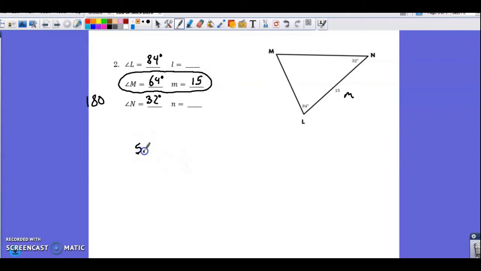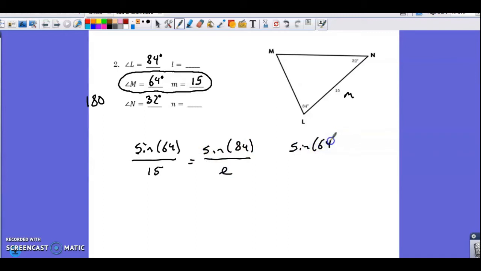So again, sine of 64 over 15 equals, to get L, it'd be the sine of 84 over L. Sine of 64, again, go back to the pair that you start with always.